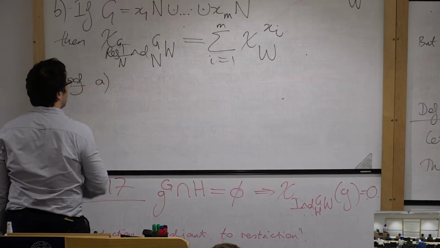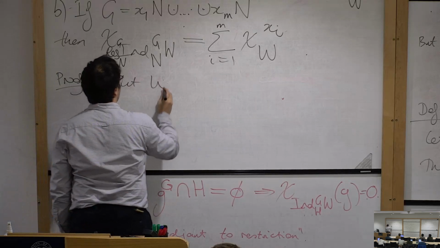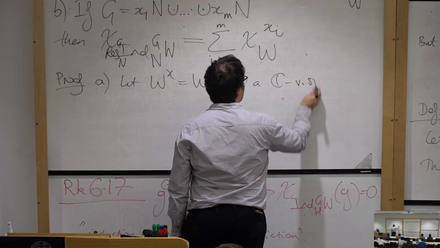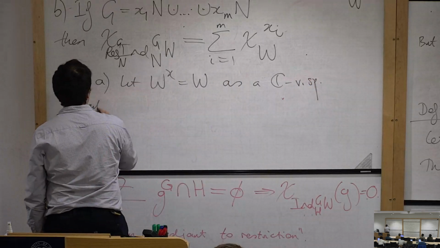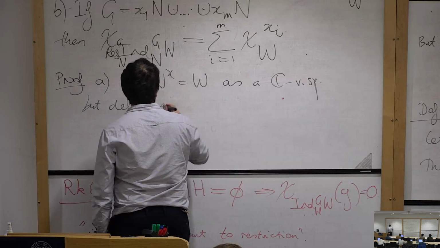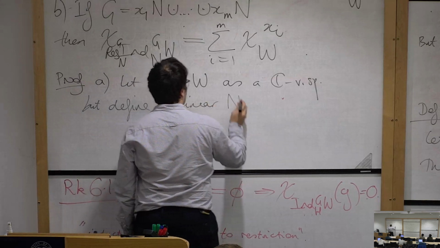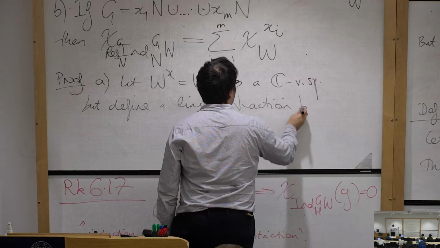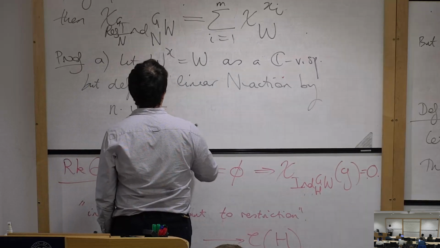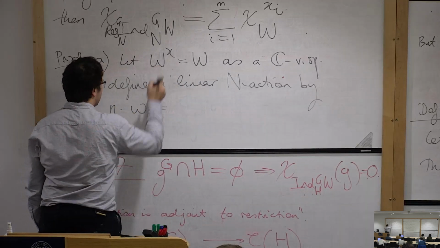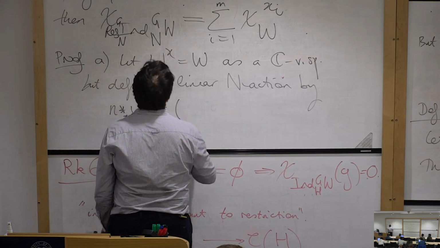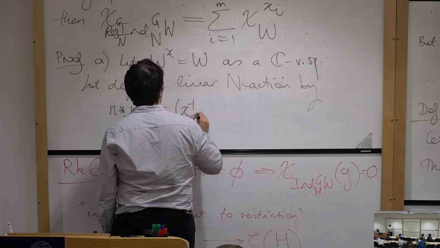For A, let W^x be W as a C vector space, but define an N action, a linear action, by n dot w equals the U action depending on x.